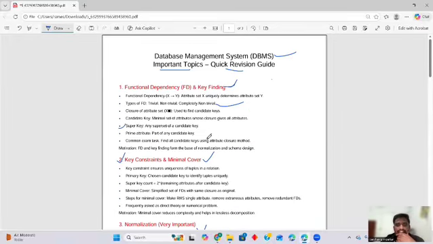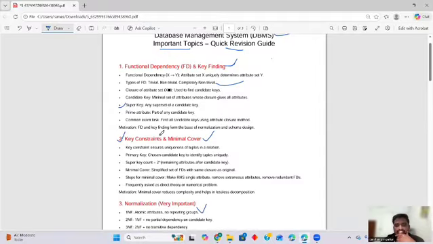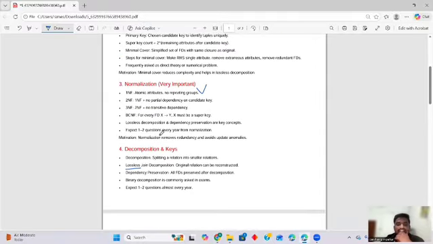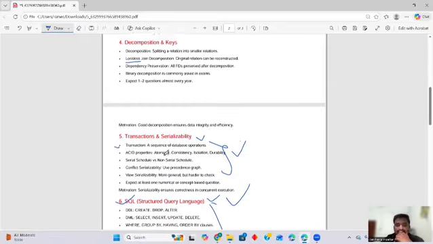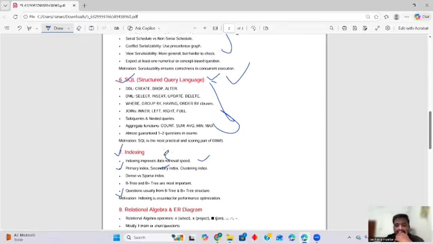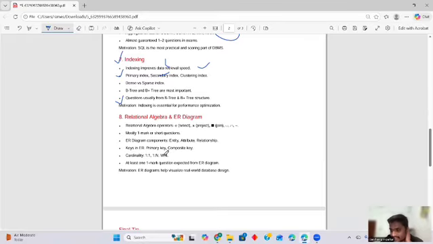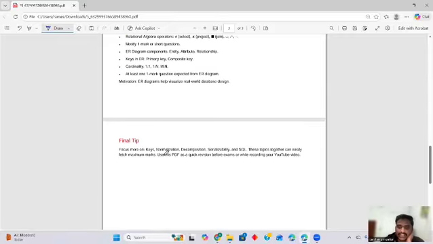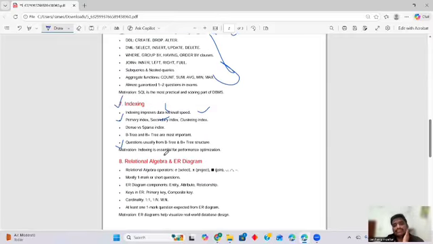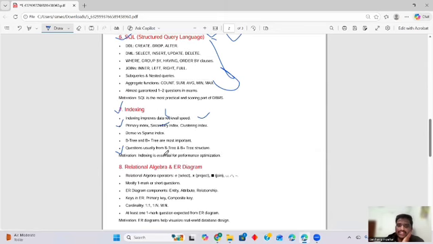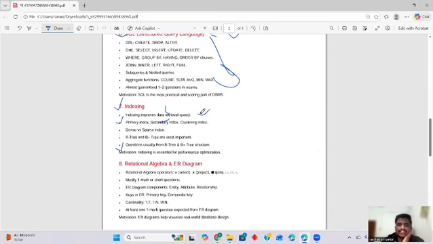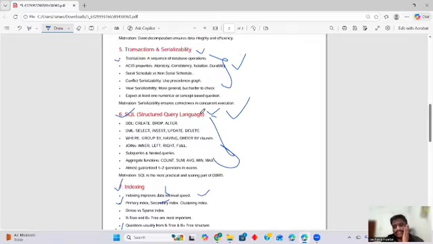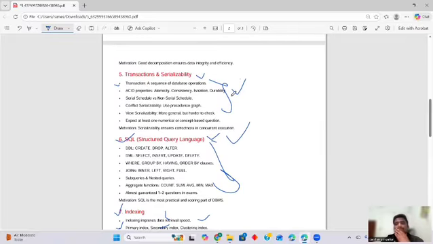I already shared functional dependency, key concepts, normalization and decomposition, transaction serializability, SQL, indexing, relational algebra, and ER diagram. For my opinion, just revise these topics and you can easily crack it and score at any marks.